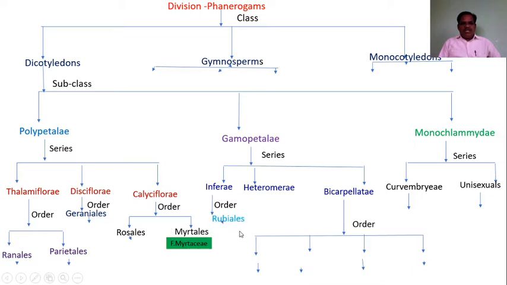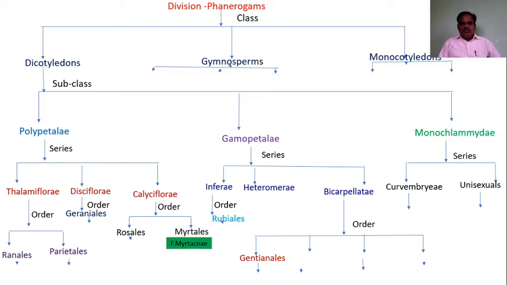Then Inferae having the order Rubiales. This Rubiales order has tetramerous flowers, but the inflorescence is polychasial.